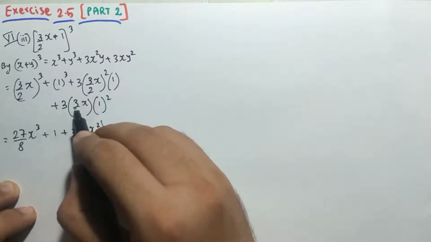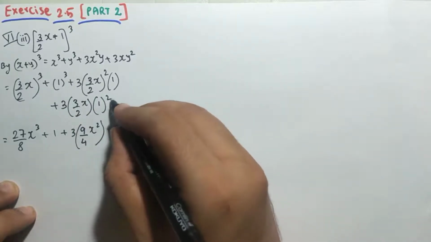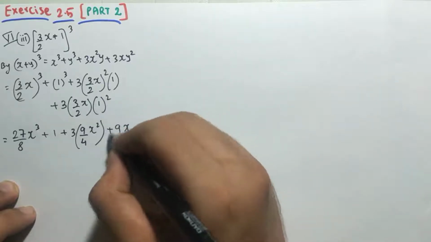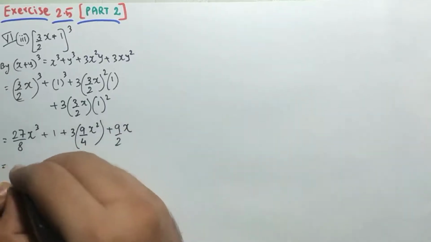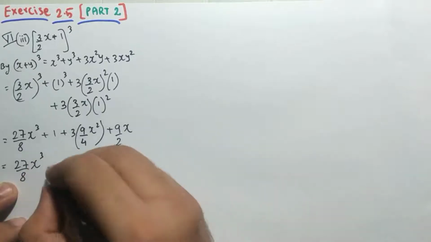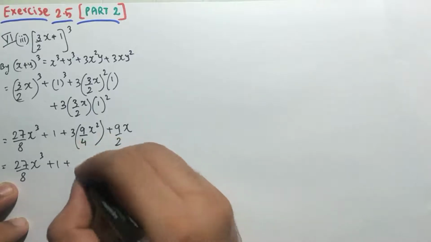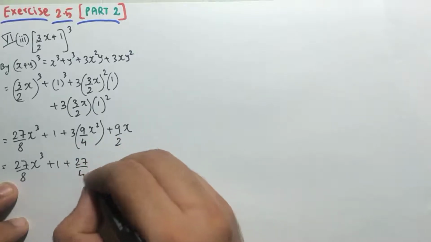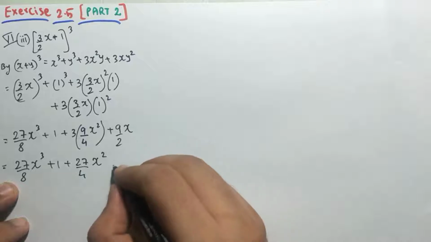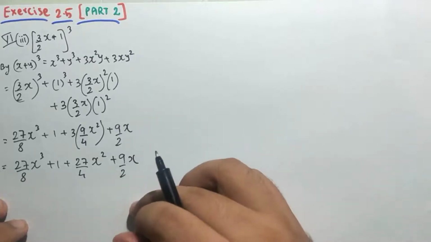Here 3 into 3 is 9 upon 2x, and 1 square is 1, we are not writing 1 over here. So the final step is 27 by 8x cube plus 1 plus 3 into 9, that is 27 by 4x square, plus 9 by 2x. So this is your final answer.